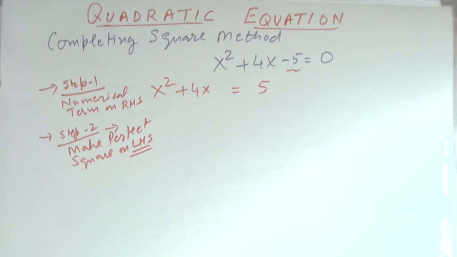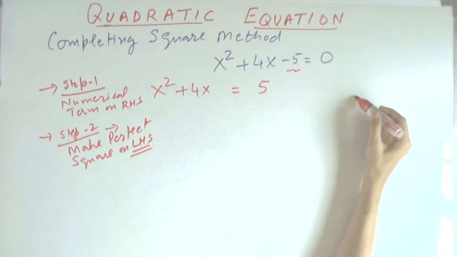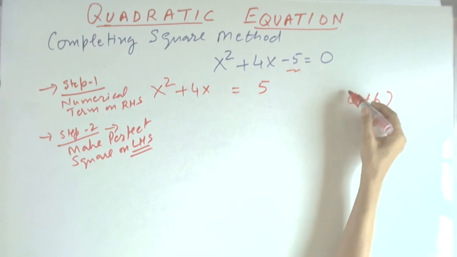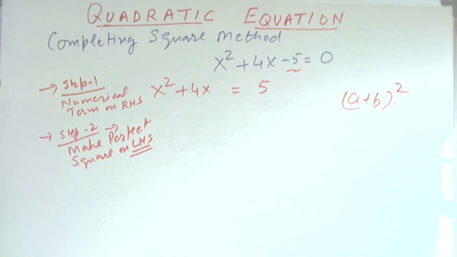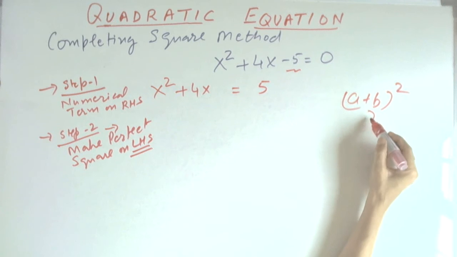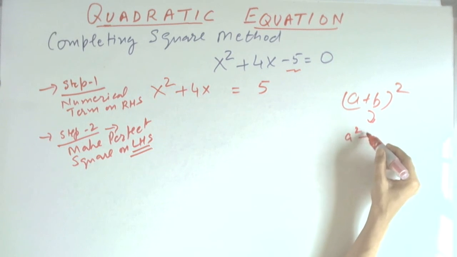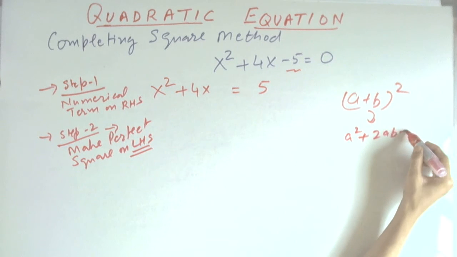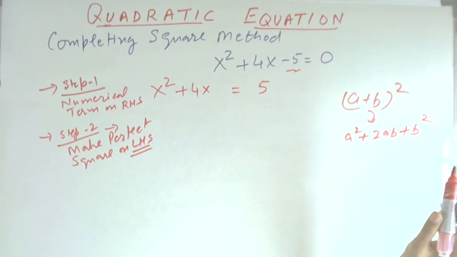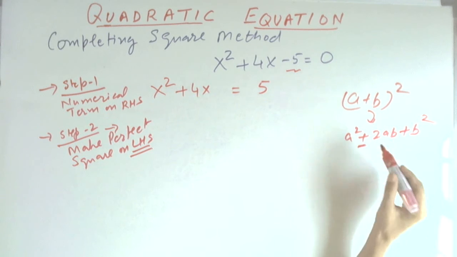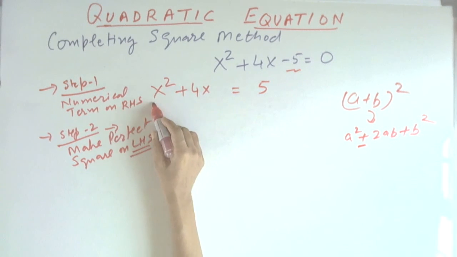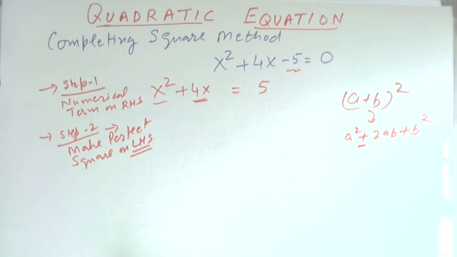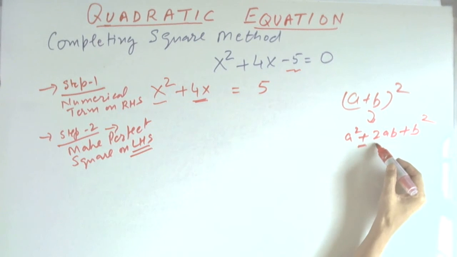We know perfect squares are like a plus b whole square or a minus b whole square, which is a square plus 2ab plus b square, or it could be minus. So in this case this is plus and this has to be 2ab.